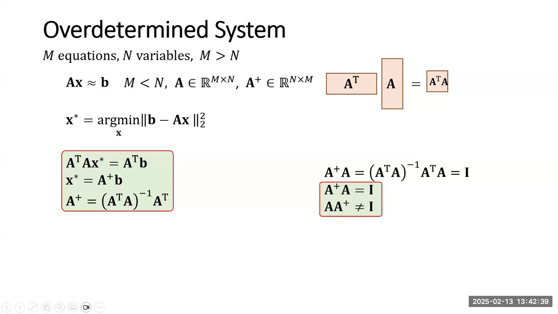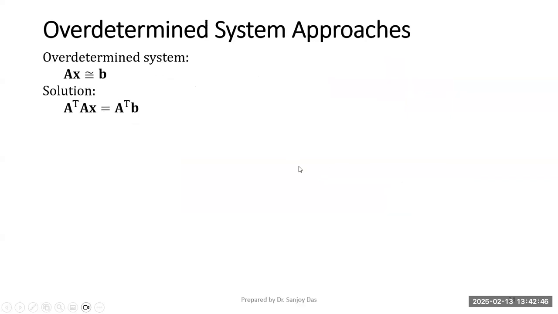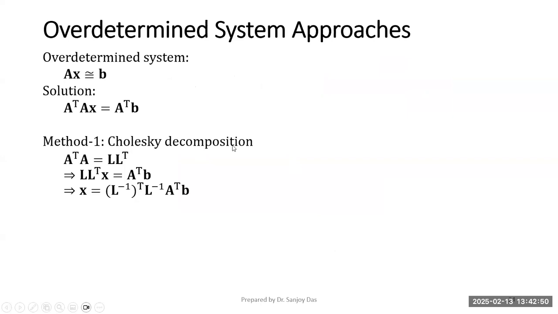Okay, so this is an overdetermined system, and this is the solution. Now how to solve this? Well, numerically, of course, A transpose A is positive definite, so we can use Cholesky decomposition and then solve it like this.